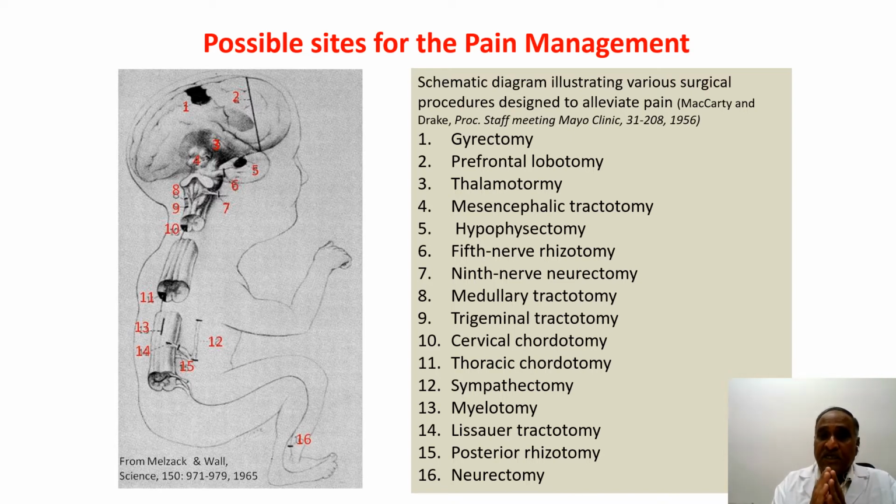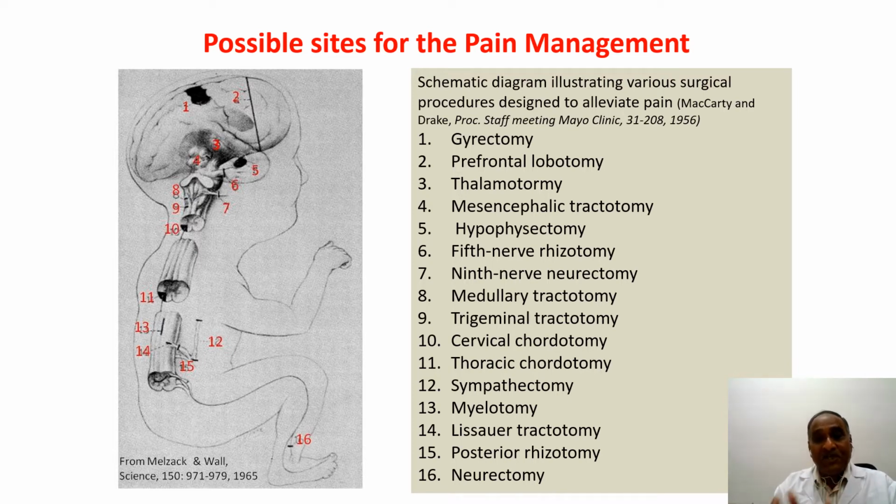The tractotomy is done at 2 levels, one at the medulla or midbrain level, or at the thoracic level, depending upon the situation, what we want to preserve. At the mesencephalic level, the lateral spinothalamic tract course is ablated or dissected or severed. Then pituitary separation, hypophysectomy.